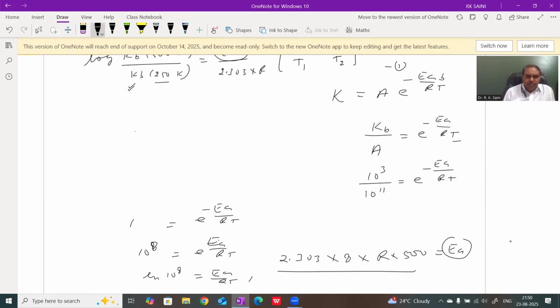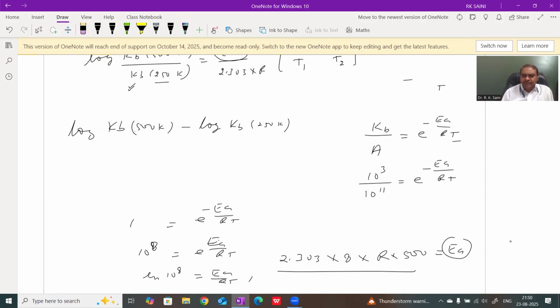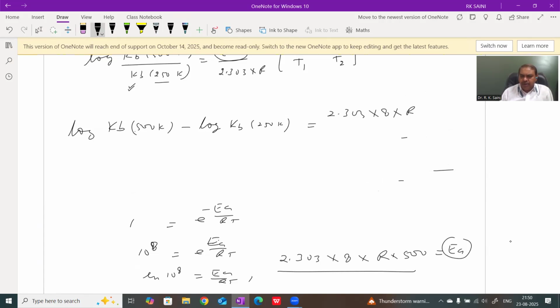Putting the values: log Kb at 500 Kelvin minus log Kb at 250 Kelvin equals, putting EA, 2.303 into 8 into R into 500 divided by 2.303 into R, into 1 upon 250 minus 1 upon 500.